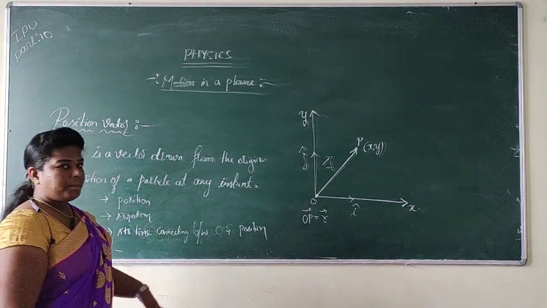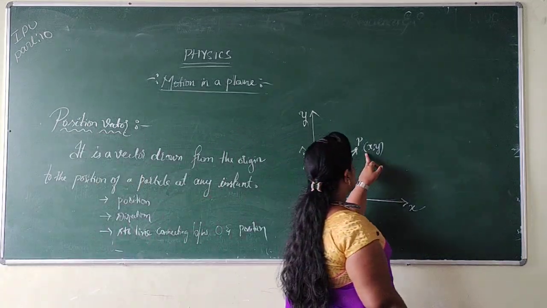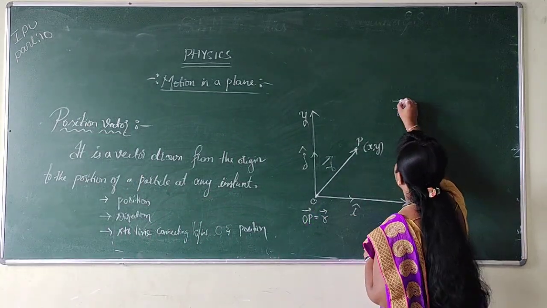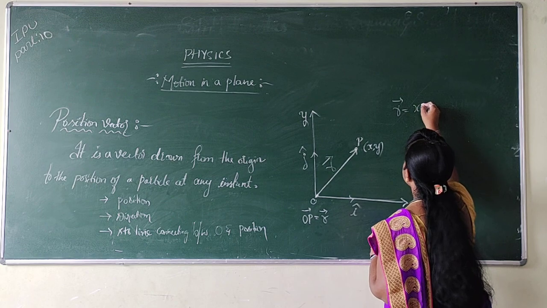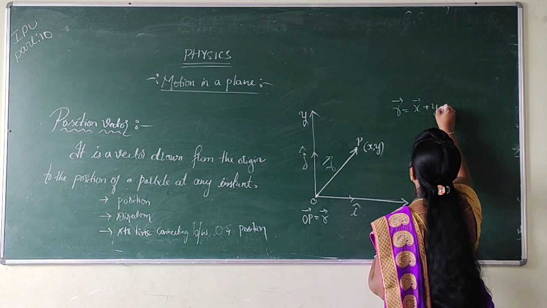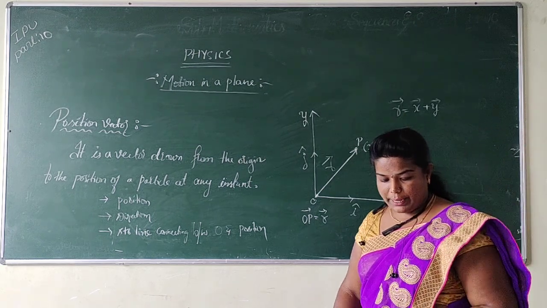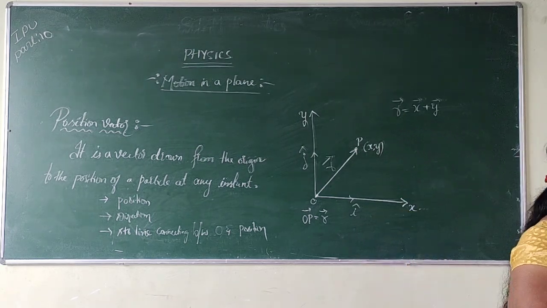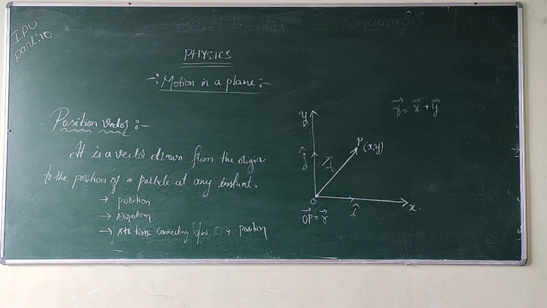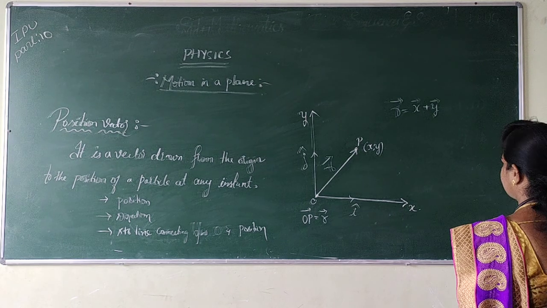Then how to represent this R? Here we have x and y, so the position can be written as vector x plus vector y. Rather than writing it this way, I should show the direction as well as the magnitude for this position vector.